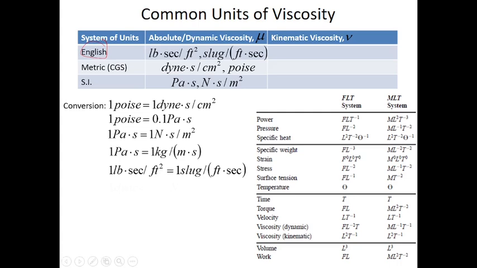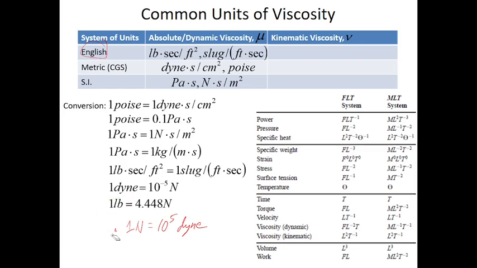And then, 1 dyne, that is 10 to the negative 5 Newton. So, ibig sabihin yan, pwede kong baliktarin. 1 Newton is 10 to the 5 dynes. No? Ang 10 to the 5, 100,000. 1 Newton is equals to 100,000 dynes.